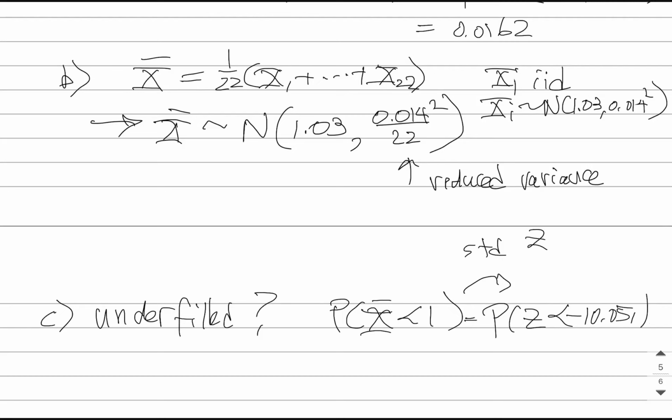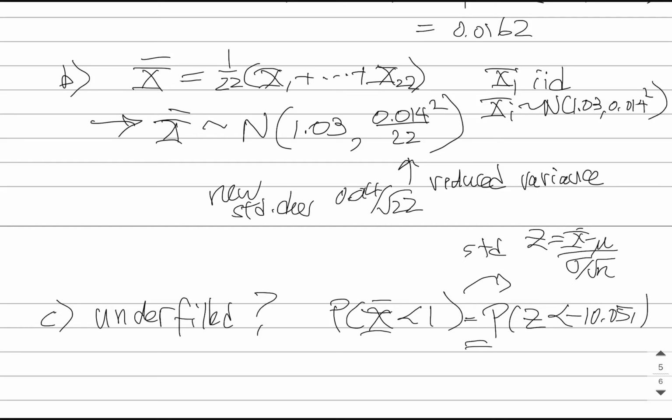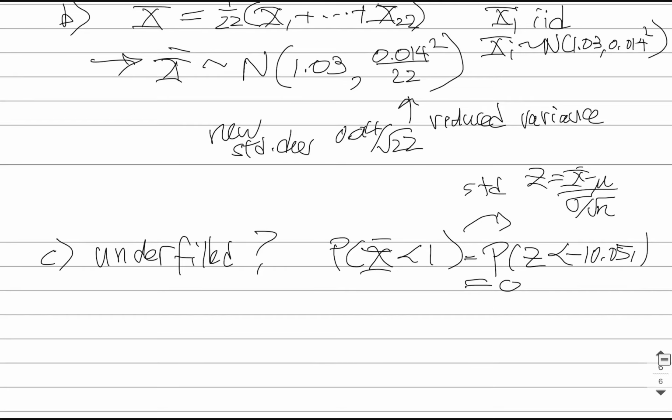The standardization would say take your X value, subtract mu, and then in this case, you'd have to divide by sigma over root n. You have a new standard deviation. The new standard deviation would be 0.014 over the square root of 22. So the chance of getting this Z score, negative 10, is effectively 0.